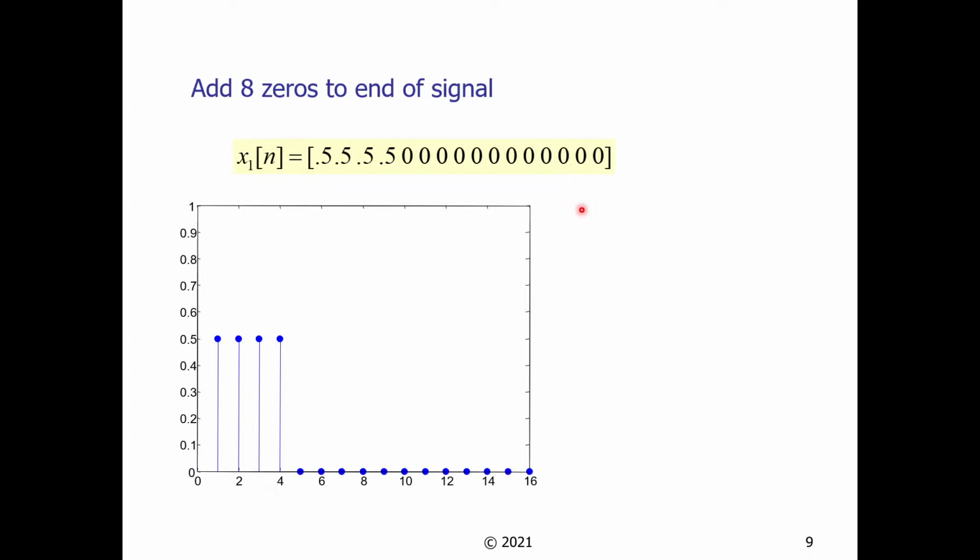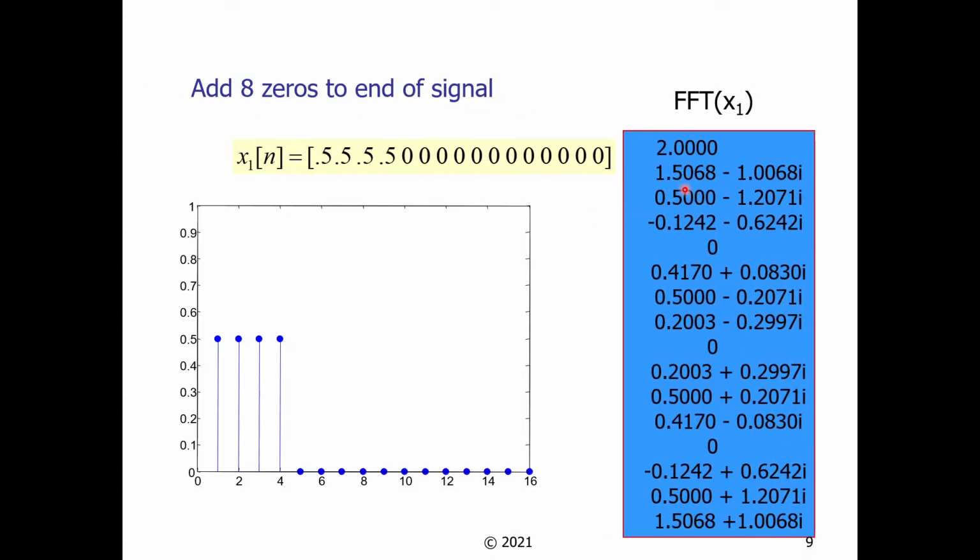But when we zero pad up to 16 samples, we see that in between the 2000 we have more frequency components being added in between. And this is a result of us zero padding altogether. So in zero padding your signal, you do add some additional frequency components that tend to be unwanted regardless. But this is the effect of doing zero padding upon your signal.